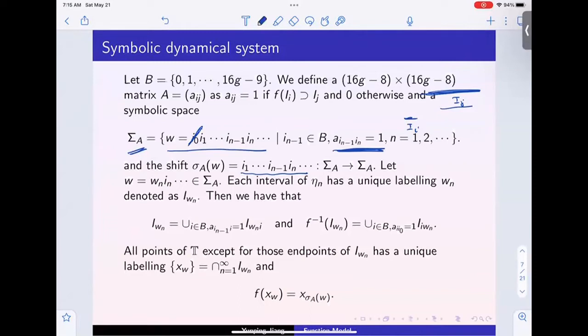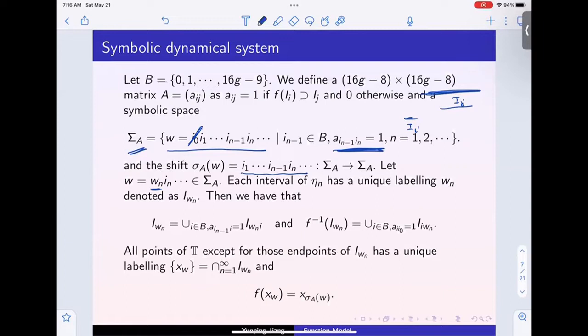Then if you truncate this sequence to W_n, you take the length-n strings, and you can use that to label every interval in eta n. So every interval in eta n has a unique labeling W_n, which I denote I_{W_n}.